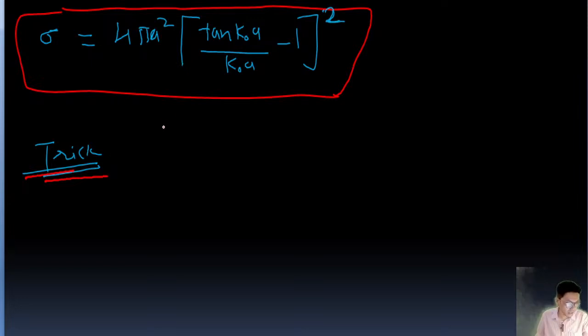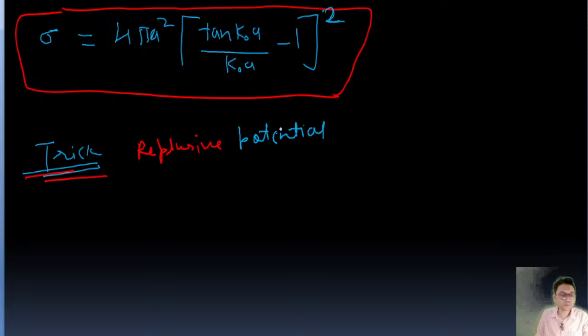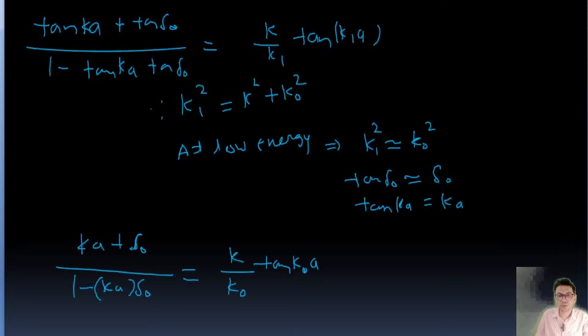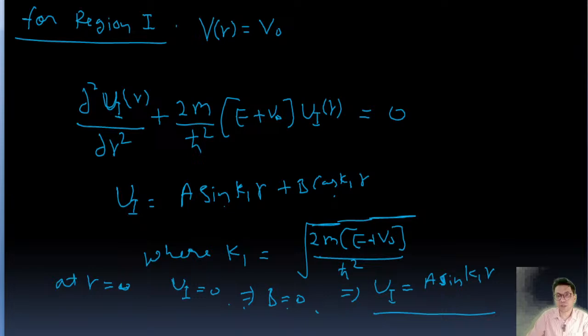The trick is for repulsive potential. So we have got the value of sigma for attractive potential, which we have discussed.